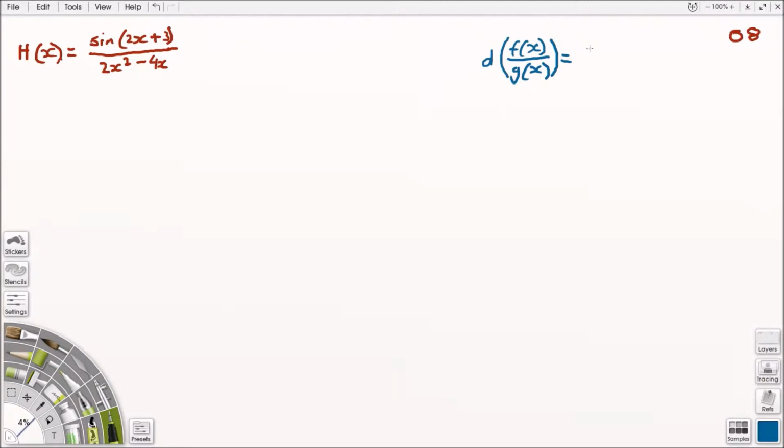I also remember this in terms of u and v as another way of writing it, and u's up the top, so it's f dash(x) g(x) minus g dash(x) f(x). I'm going to double check this very soon. The order there is a bit weird, I'm sorry.